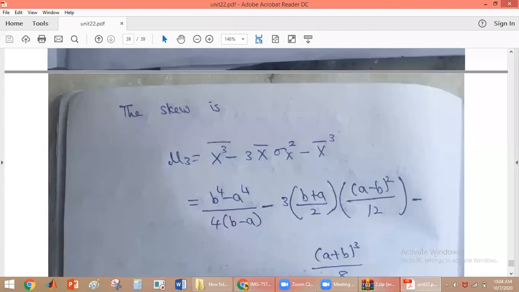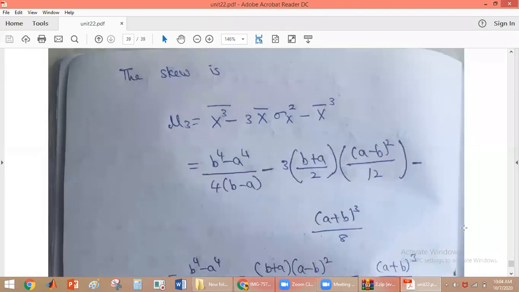What is x bar? From previous problems we have observed that x bar is a plus b by 2. And sigma x square is nothing but a minus b whole square by 12. And x bar, as already discussed, is a plus b by 2 whole cube.